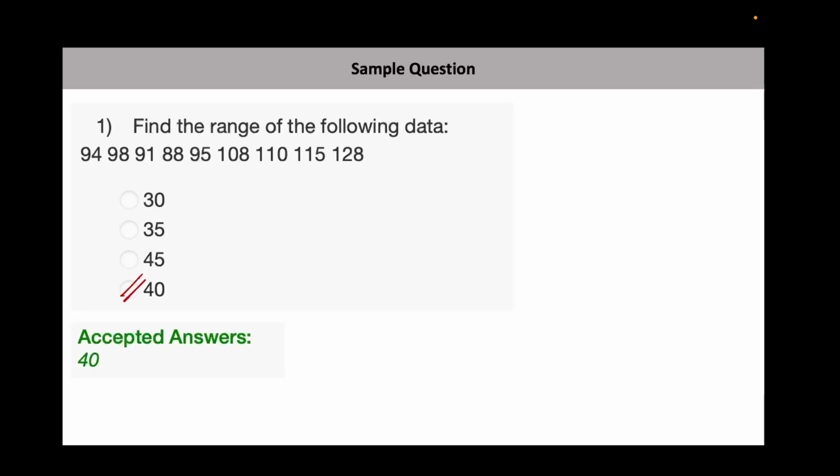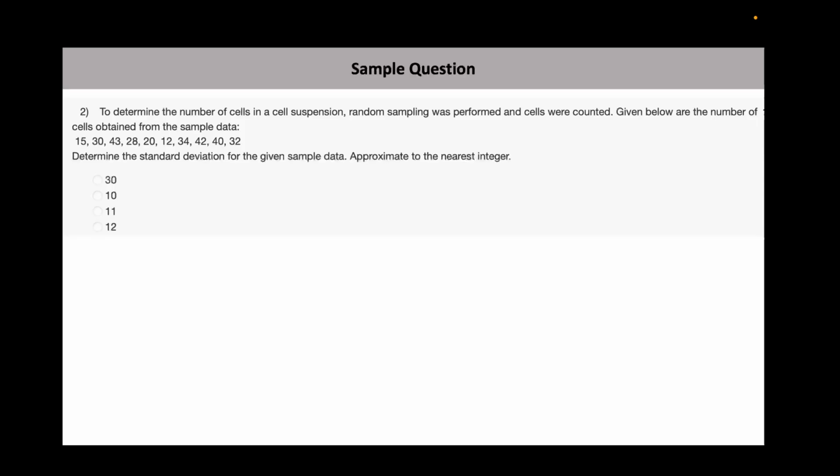Now let's go ahead with the second question, which is on your screen. You literally need pen and pencil to solve this question. To determine the number of cells in a cell suspension, random sampling was performed and cells were counted. Given below are the numbers of the cells obtained from the sample data, and you have a data set.